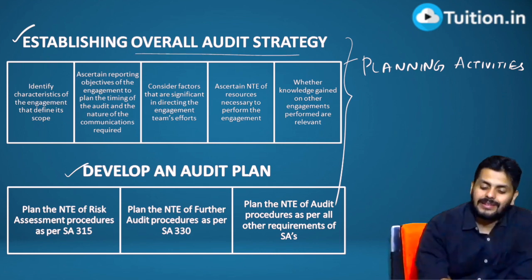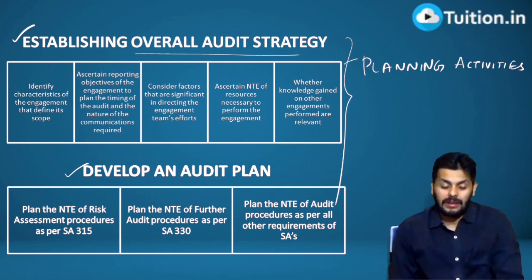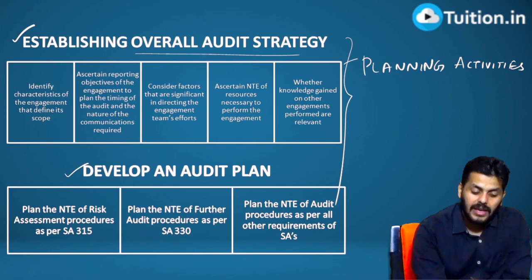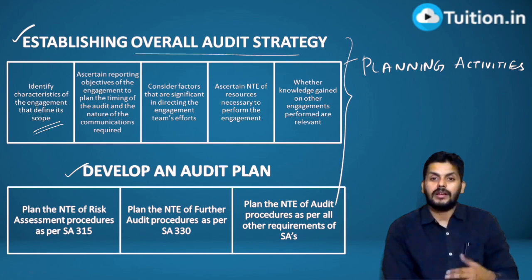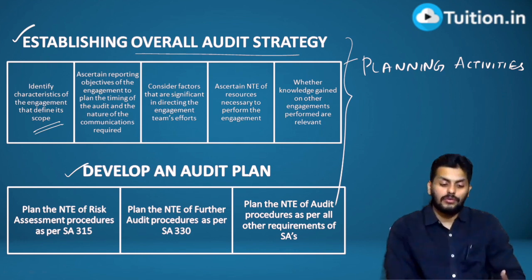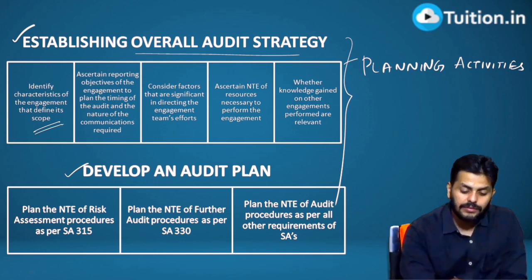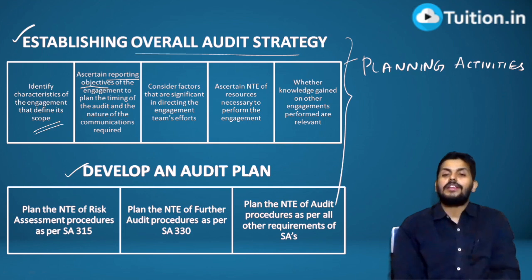So what are we doing while establishing an overall audit strategy? While establishing an overall audit strategy, it is important for us to identify the characteristics of the engagement and define its scope, because it differs from engagement to engagement. Ascertaining reporting objectives, because at the end of it we need to know what exactly we are reporting about, right?